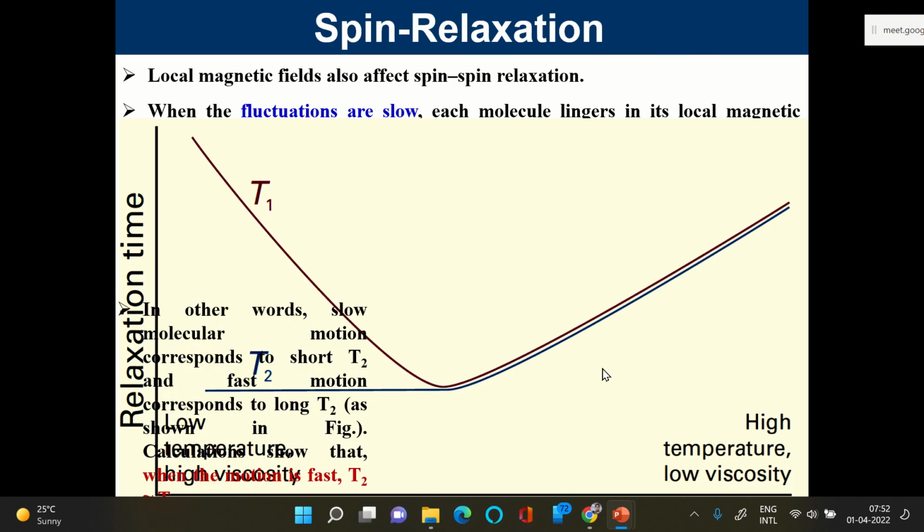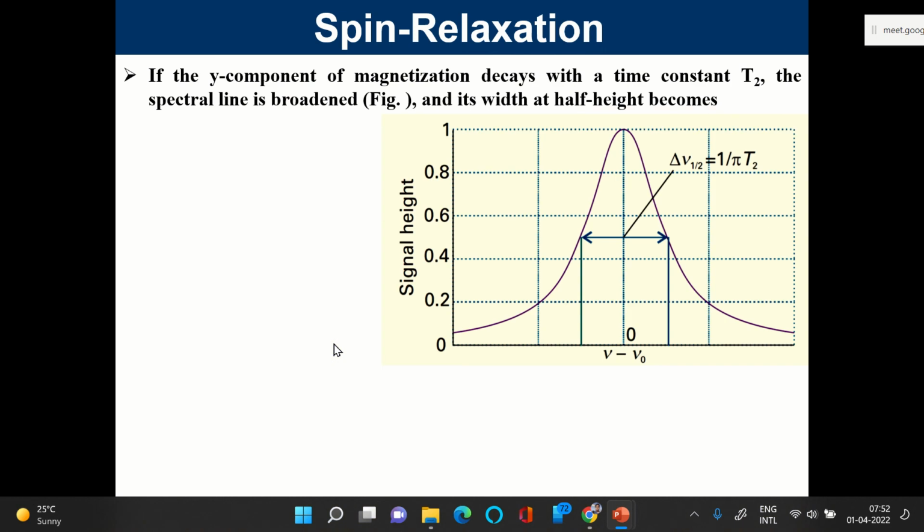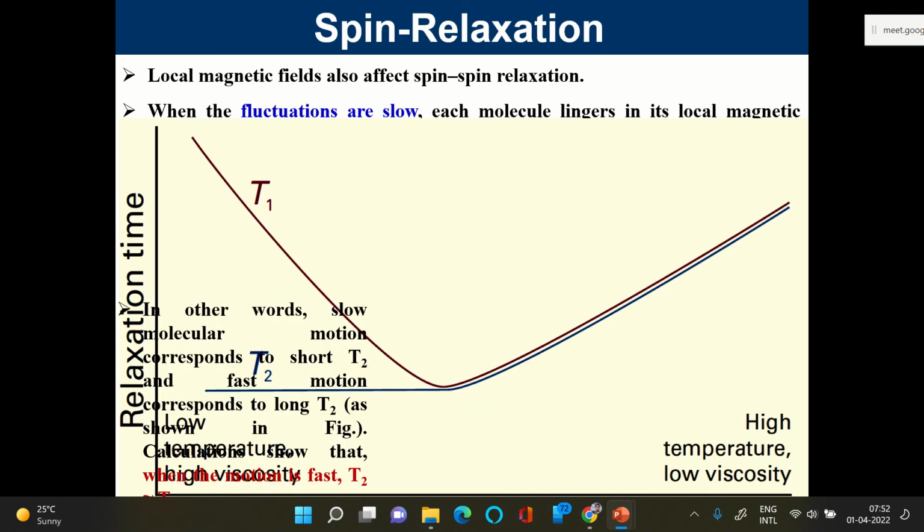You can clearly see that T1 and T2 become equal here, while T1 and T2 there are quite different. When the molecular motion is fast, they are almost equal. All these points represent that they are becoming equal.